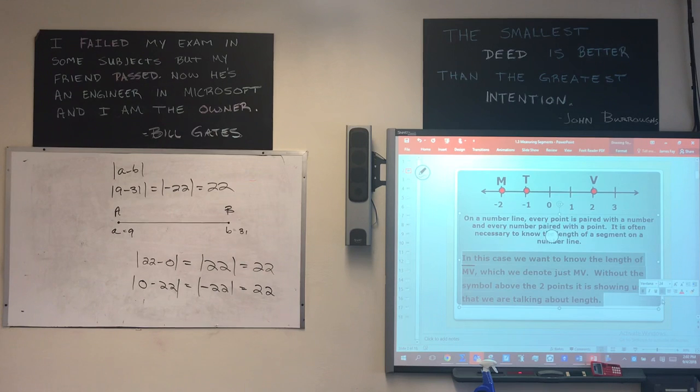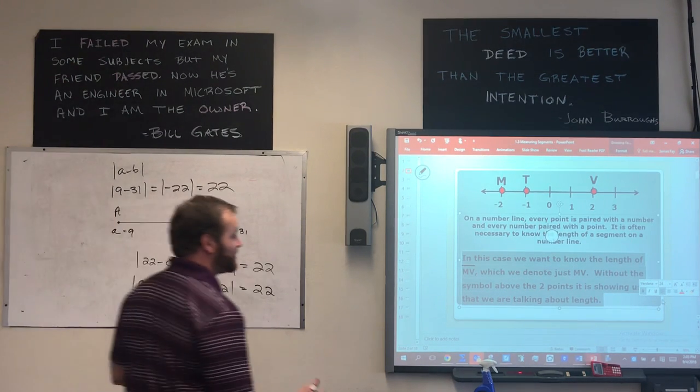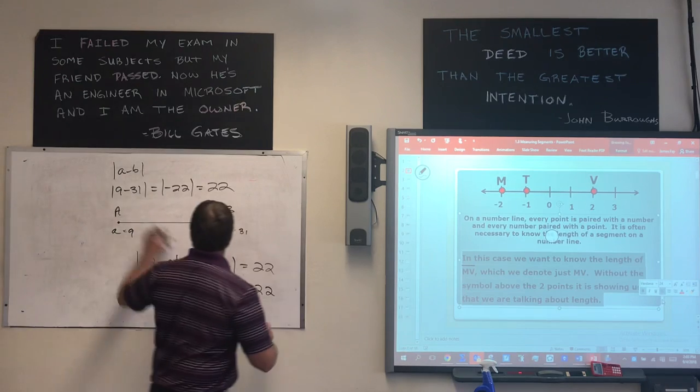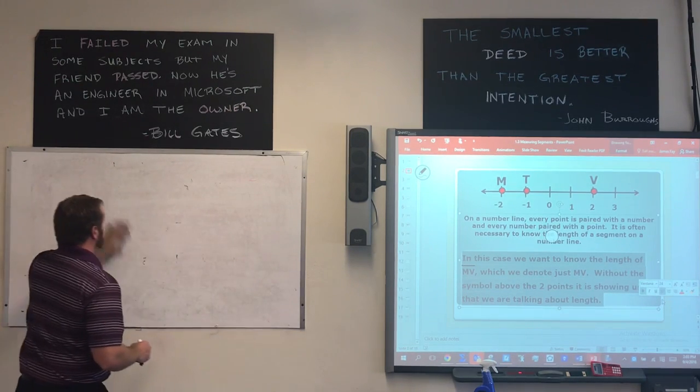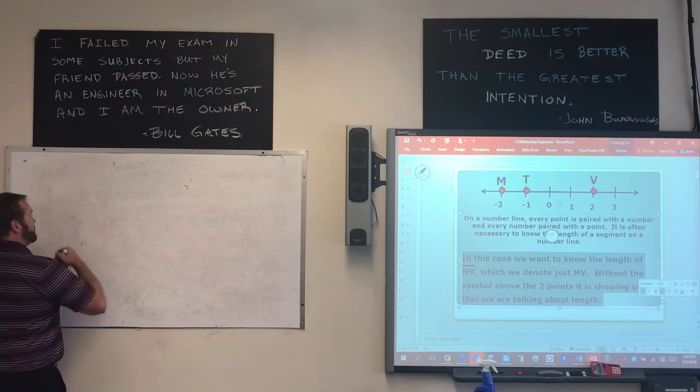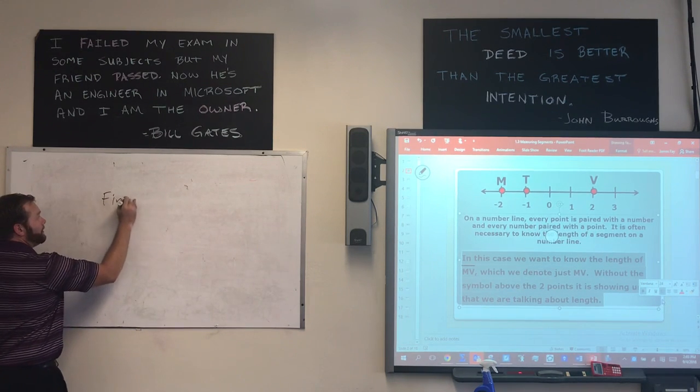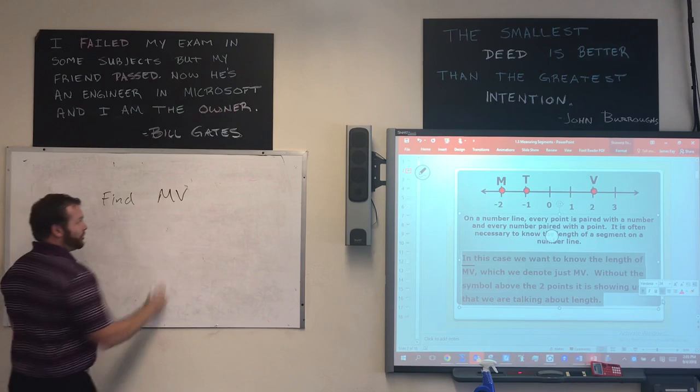Okay? The way that we were told to determine that is through the use of some special notation. Okay? It'll have the words find MV. Okay? So it'll look like this. That's all you'll see.